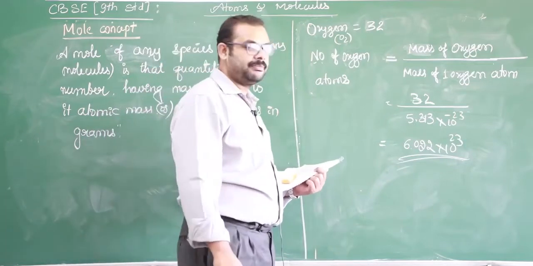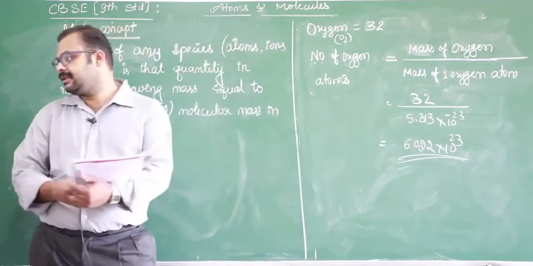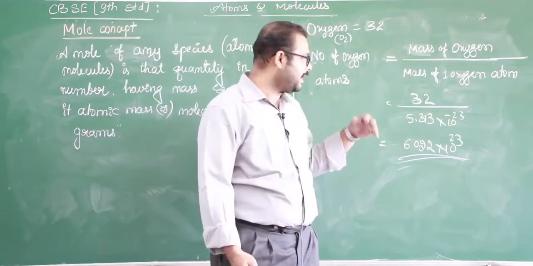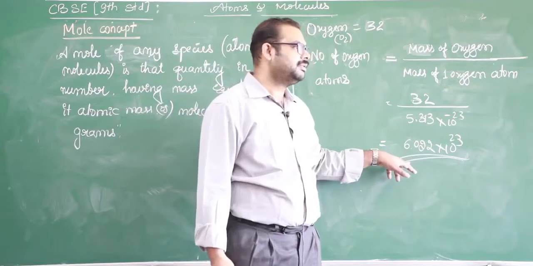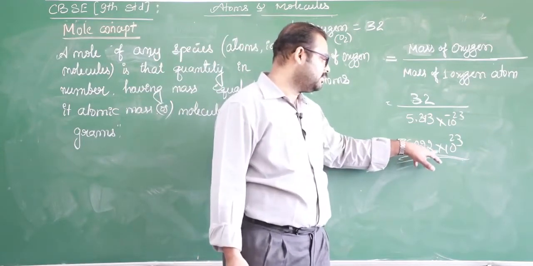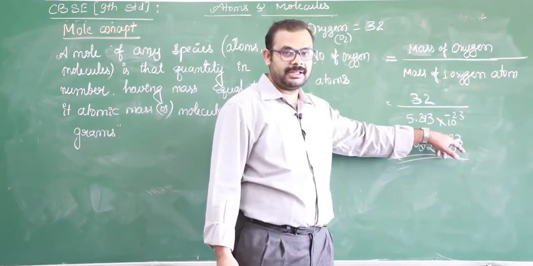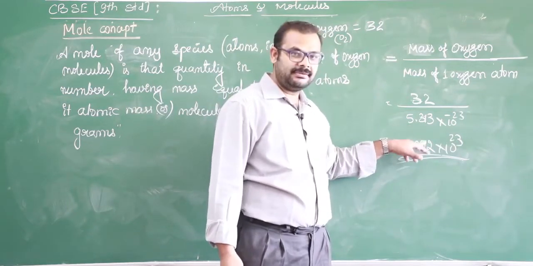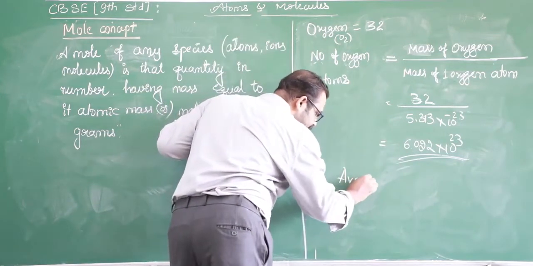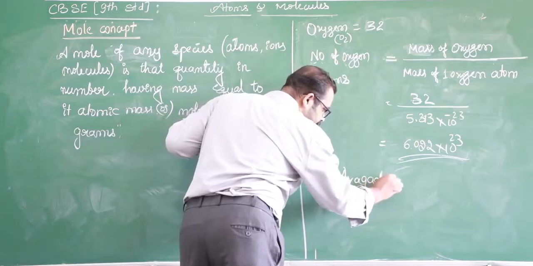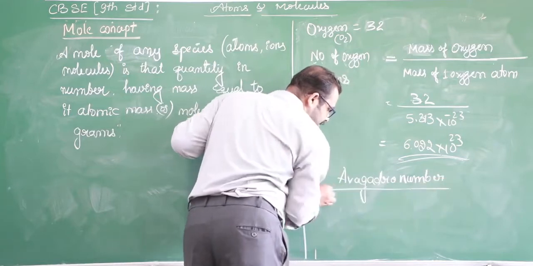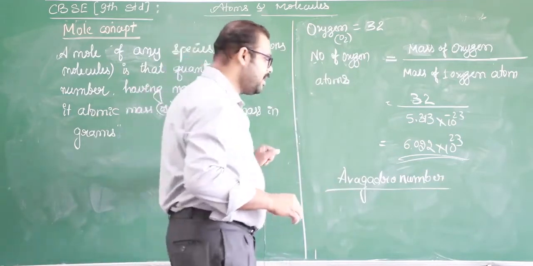In the previous case we took atoms, and in this case we have taken molecules. In both cases, whether you take an atom or a molecule, there will be a constant number of particles, and that is 6.022 into 10 to the power of 23. This constant value is called the Avogadro number.